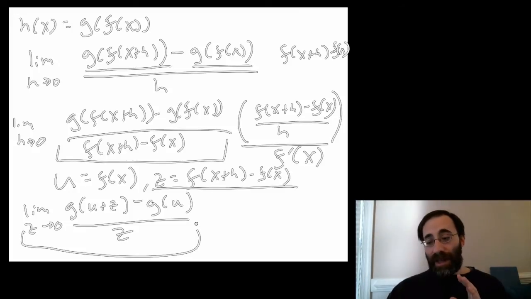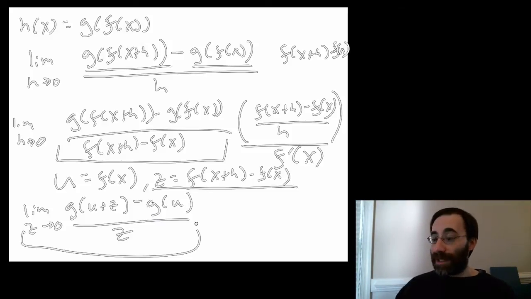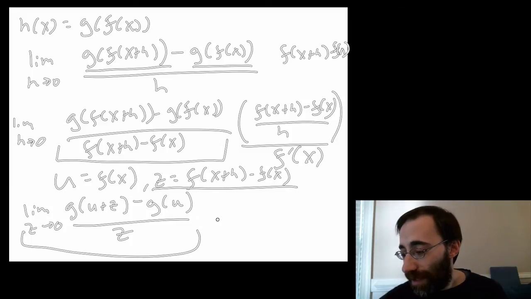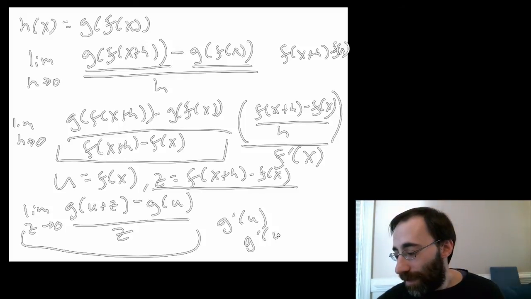Well, ignoring the fact that the old h has become z, and the old x has become u, this is again just the definition of the derivative of g, but g of u this time. So this thing is going to be g prime of u. So the derivative of the whole thing ends up being g prime of u times f prime of x.